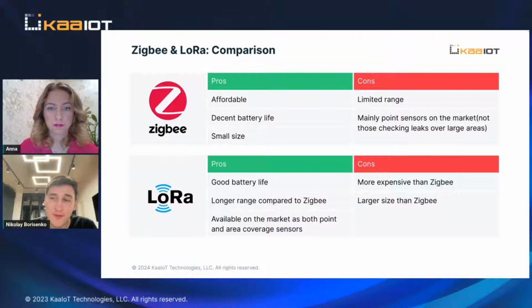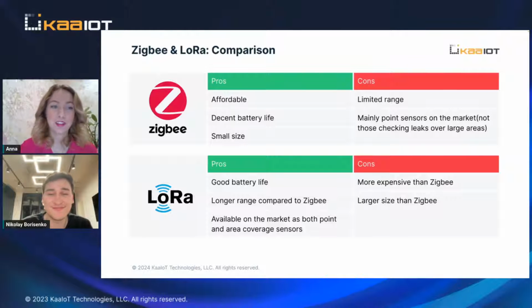Sure, it can be pretty problematic, because we tested a lot of them. I think we tested more than 12 different manufacturers of LoRa equipment, and not everything is straightforward. But now, what I can see is that there is only one solution for a centralized water leak detection system in an apartment building.